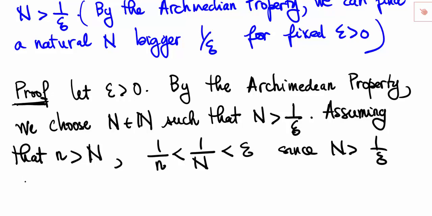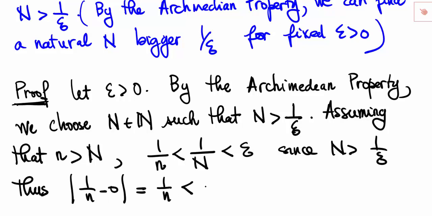So the distance between 1 over n and 0, which is 1 over n, is less than epsilon. So this is how you prove that for any epsilon I can find a capital N, so that as long as little n is bigger than capital N, then the distance between 1 over n and 0 is less than epsilon. This is the epsilon-N criterion, and that's how you prove these statements.